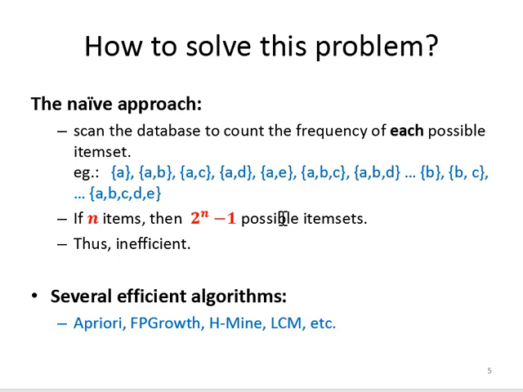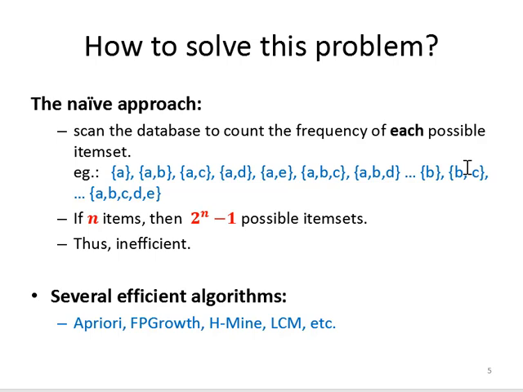This is not that much, but if in a store there are 1 million items, for example, then there are 2 to the power of 1 million possible item sets. In this case, we cannot use the naive approach, that is to count the frequency of all the possible item sets, because it will take too much time to look at 2 to the power of 1 million possibilities.